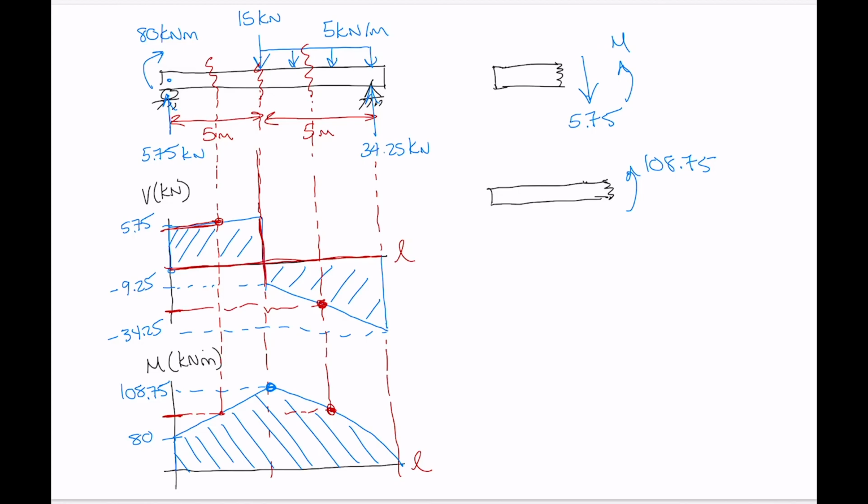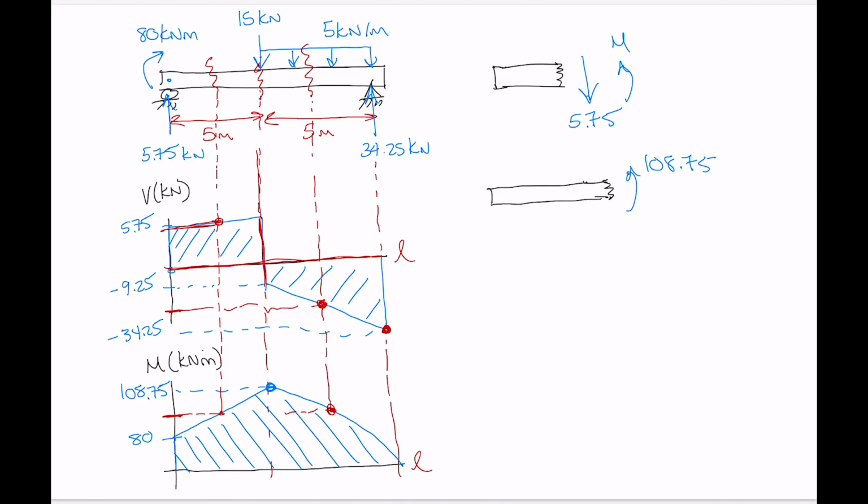Now, as I said previously, the thing that we're usually interested in is, for example, what's the maximum shear stress? And the location of maximum shear stress corresponds to the point where we experience the maximum internal shear force. So very quickly from the shear diagram, we can see that the maximum internal shear force, which is the absolute maximum value of shear, is this point right down there that has a value of minus 34.25, and that occurs right at our right-hand support, pin support.